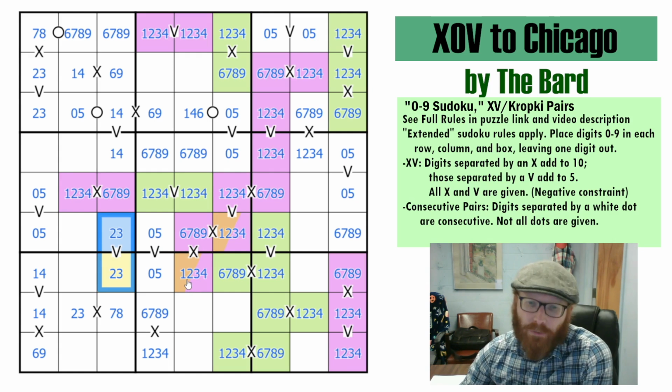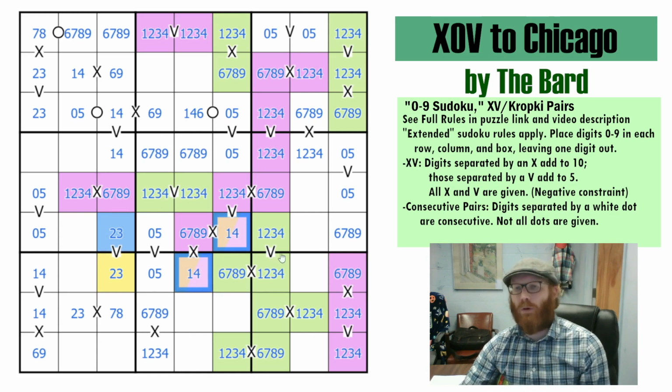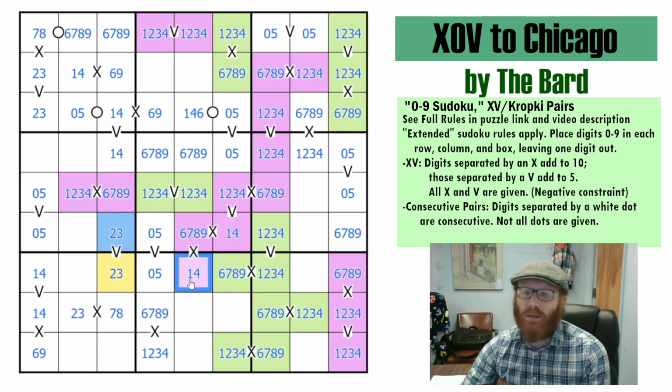So if this is the same number, it cannot be 2, 3, because both of the orange cells see both 2 and 3. So these can't be 2, 3. They are 1, 4. And that means that all of the pink cells are either 1, 4 or 6, 9.